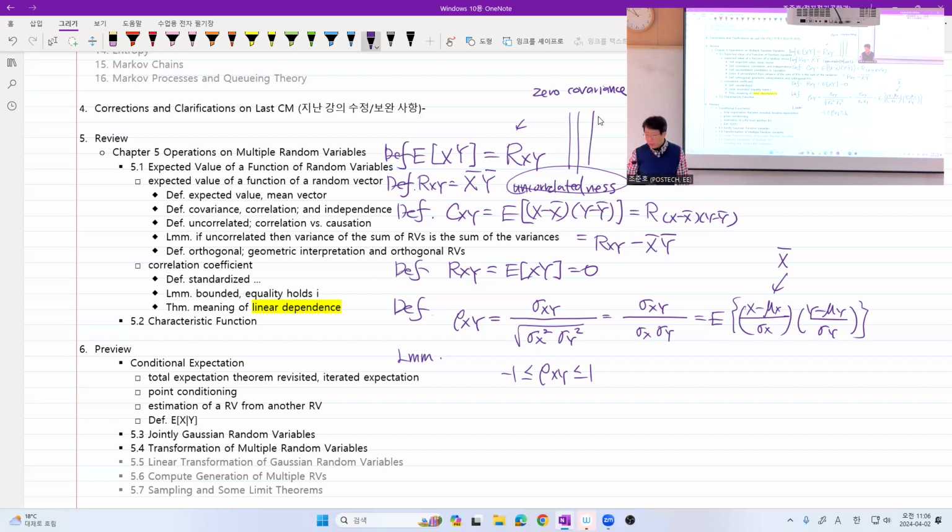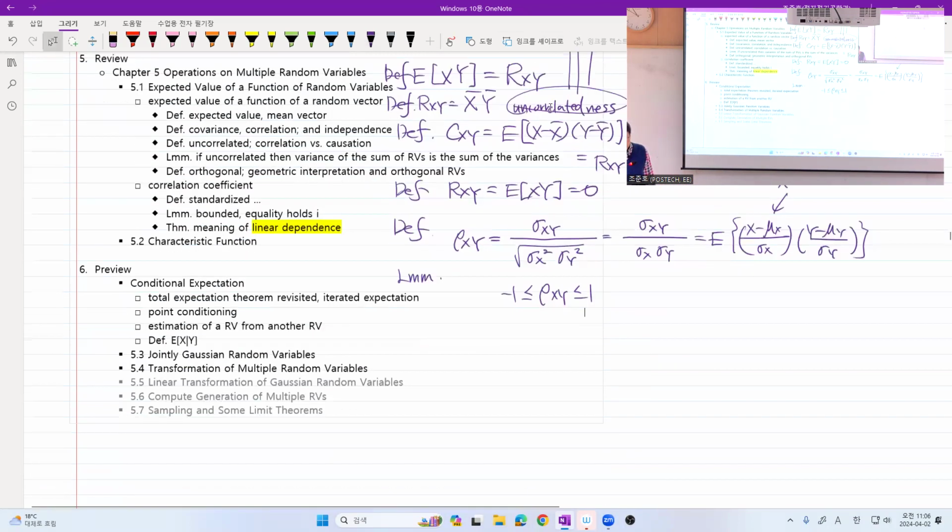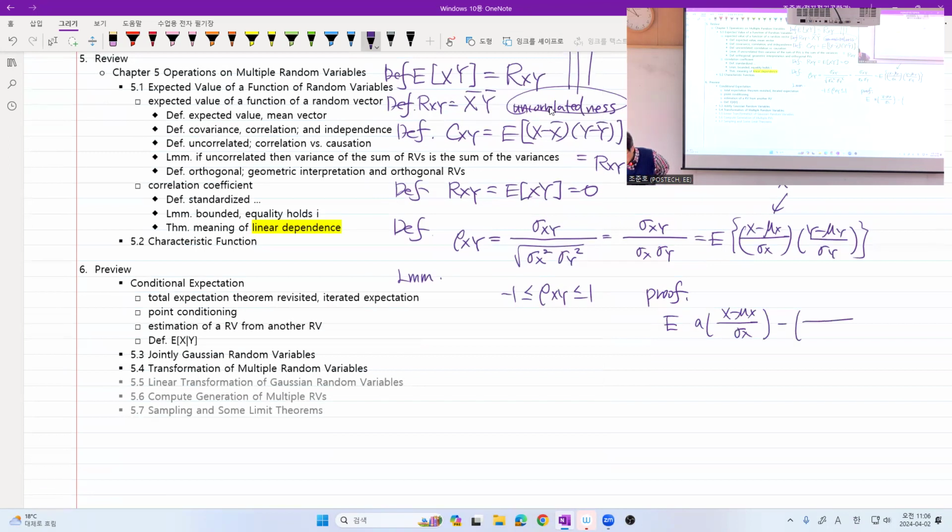Many proofs just show the conventional approach: consider this strange quadratic function of a that is always non-negative for all real a.